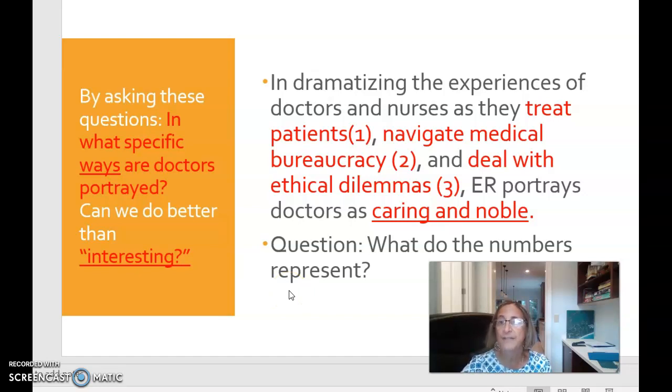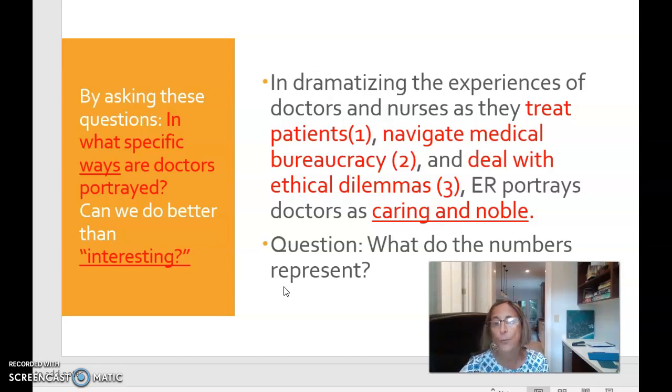In dramatizing the experiences of doctors and nurses, as they treat patients, as they navigate medical bureaucracy, and as they deal with ethical dilemmas, ER portrays doctors as caring and noble. So you can see from this revised statement that we really have a dynamite plan for how to develop a paper about doctors on ER.